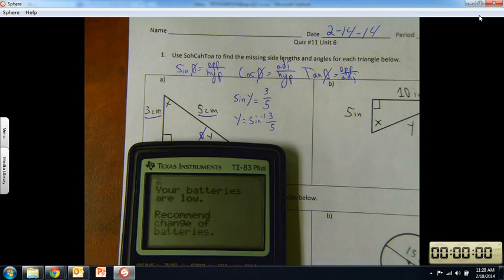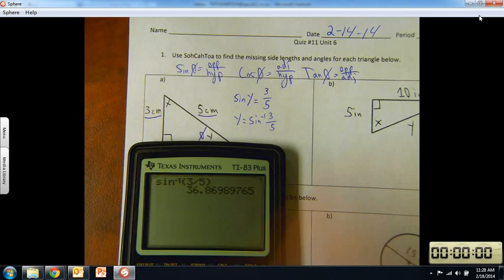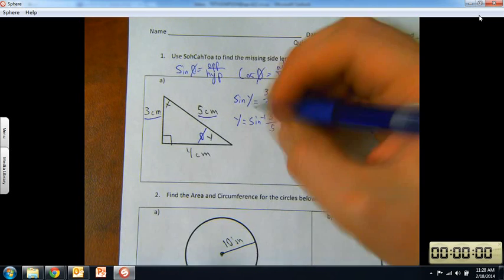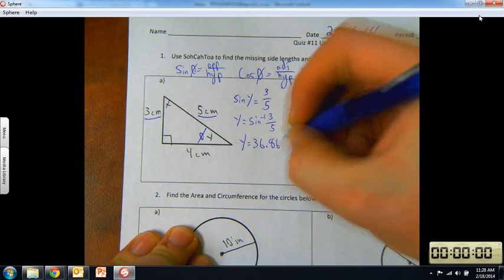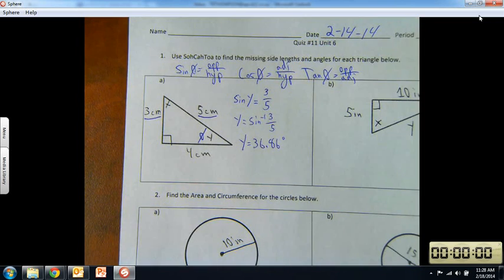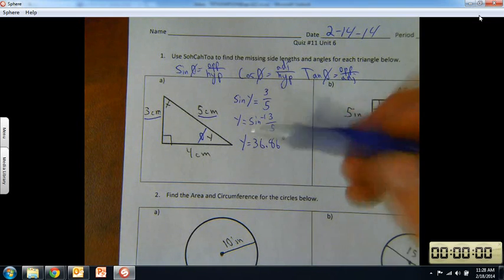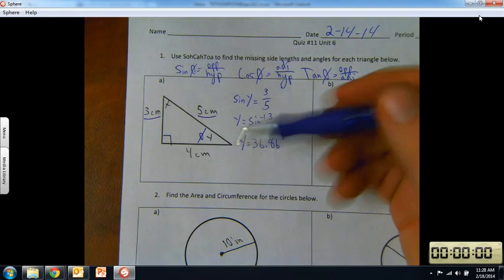Second sine, 3 divided by 5. 36.86 degrees is my first answer. Now to find x, I can do the same thing with x, or I can just remember that the 3 angles add up to 180.